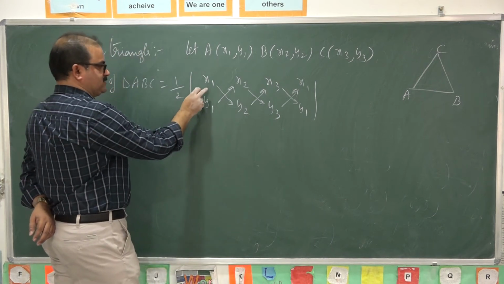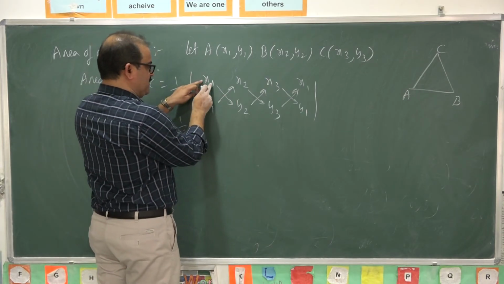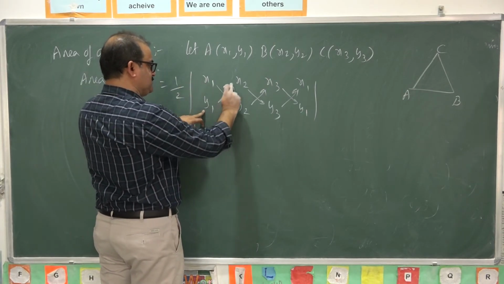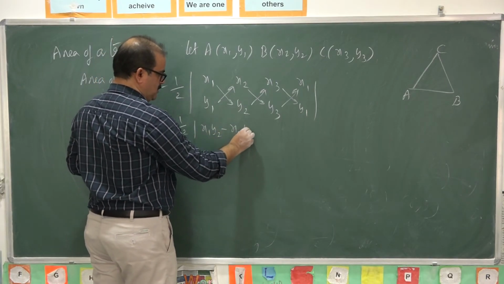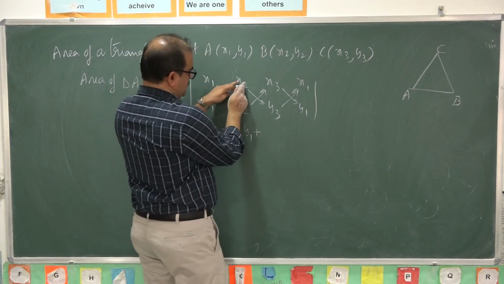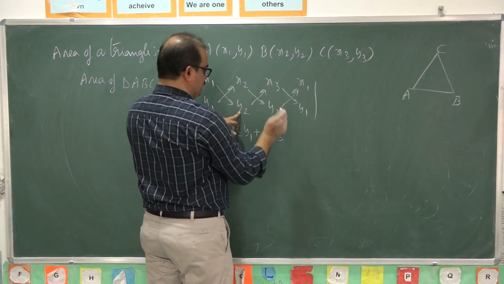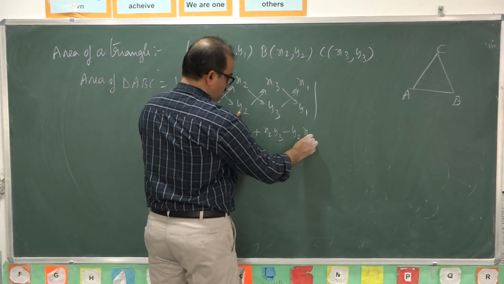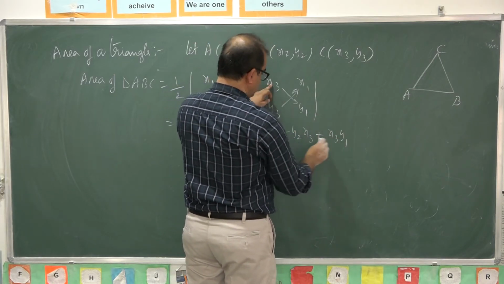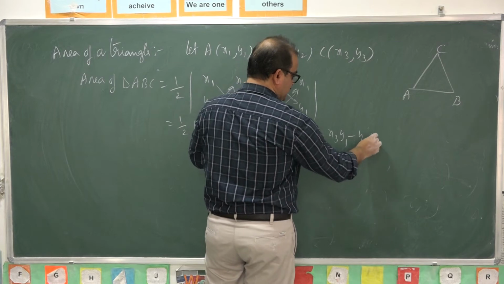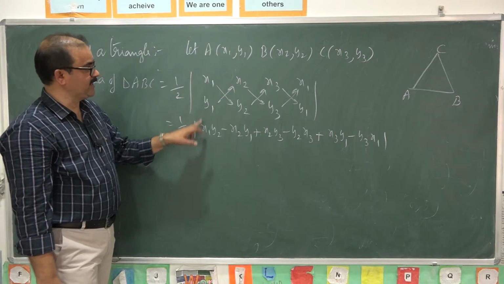Do cross multiplication. This is 1 by 2 into, on expanding we get x1 into y2 minus y1 into x2, plus x2 into y3 minus y2 into x3, plus x3 into y1 minus y3 into x1. This is the area of the triangle ABC.